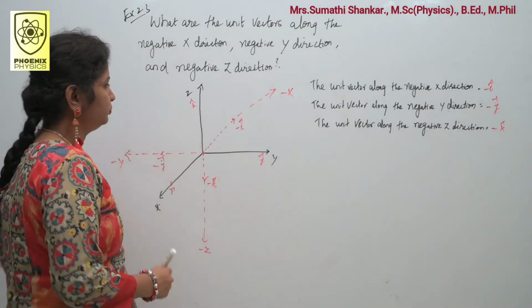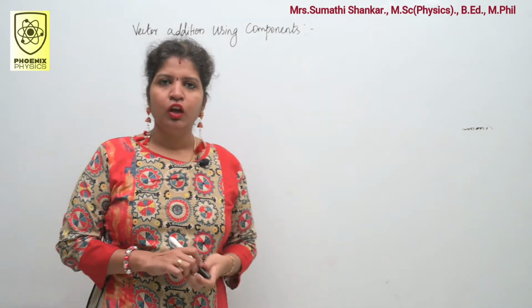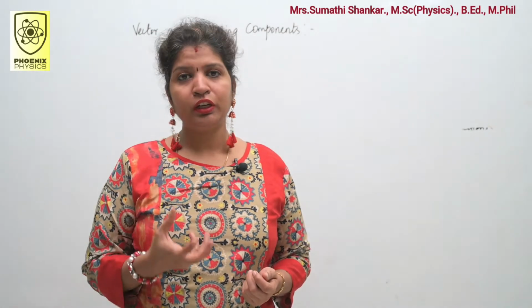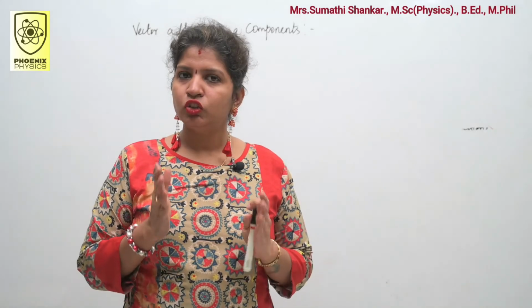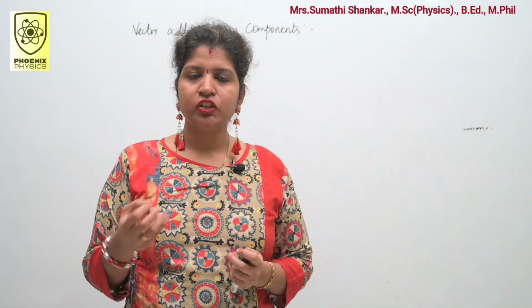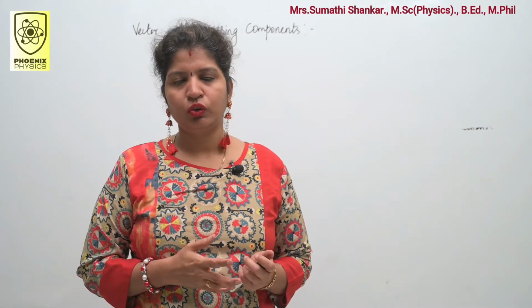Up to this clear? Next one is vector addition using components. So far we discussed vector addition in a geometrical method. For that geometrical method we use triangular law of addition or parallelogram law of addition. Same way for subtraction also.